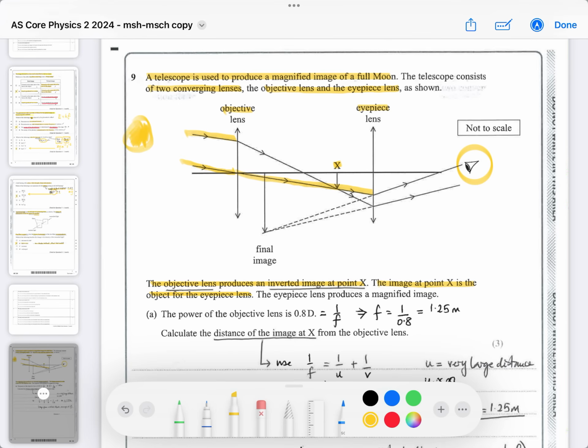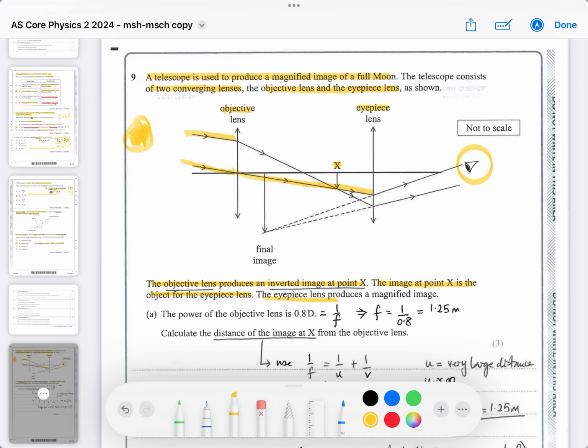Because it's quite close to the eyepiece lens, the second lens acts a bit like a magnifier, a magnifying glass. That means it must be closer than the eyepiece's focal length. And when that happens, you get a virtual image the same way up as the image at X, magnified.